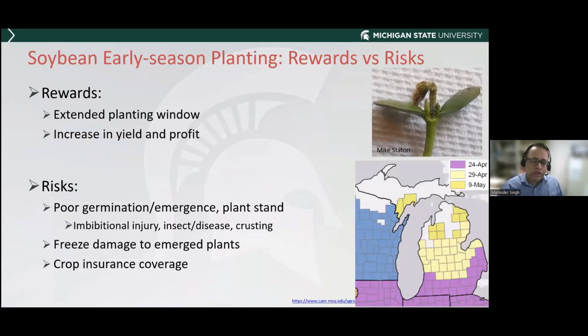And then there is a crop insurance coverage aspect to it as well, right? You can see the insurance dates over here. Typically it starts towards the third or fourth week of April in the south and moves later as we go north.